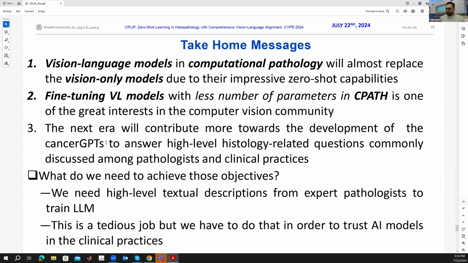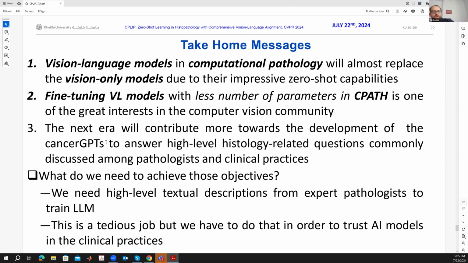So I would say that in the future, computer vision with only vision-level capabilities, ignoring the textual description or text capability, will not work very well compared to these GPTs. PathChat is now here in front of us, where you can see the impressive capabilities of language as well as images.